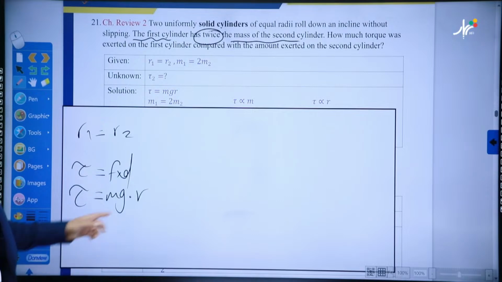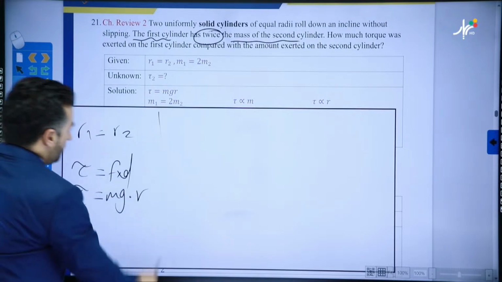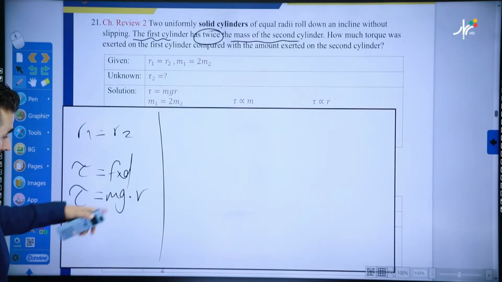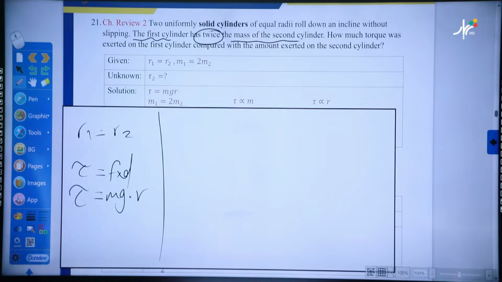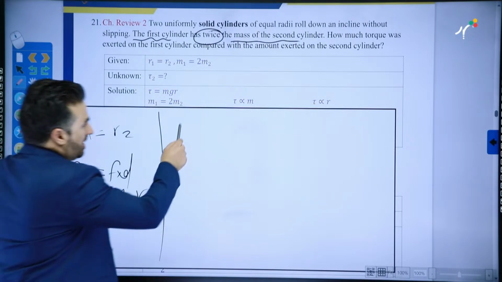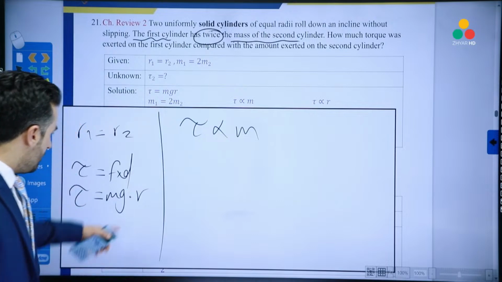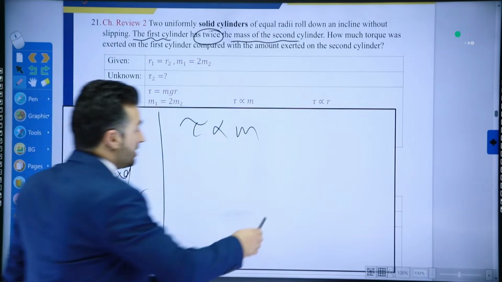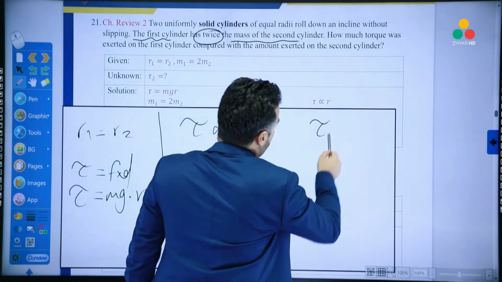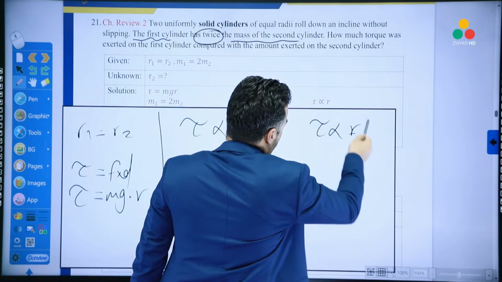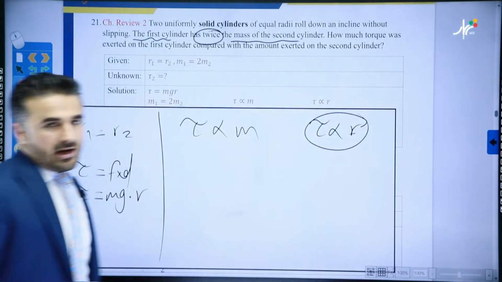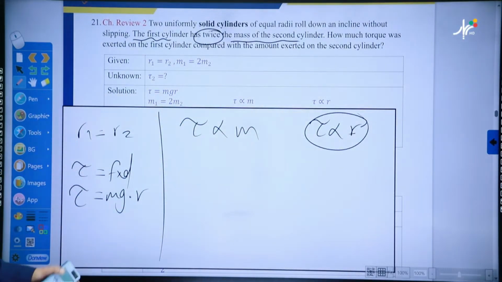So mg times the radius. You can see the relationship between the torque and the mass: the torque is directly proportional to the mass, and also directly proportional to the radius. Since they have the same radius, there is no effect from the radius on the torque.